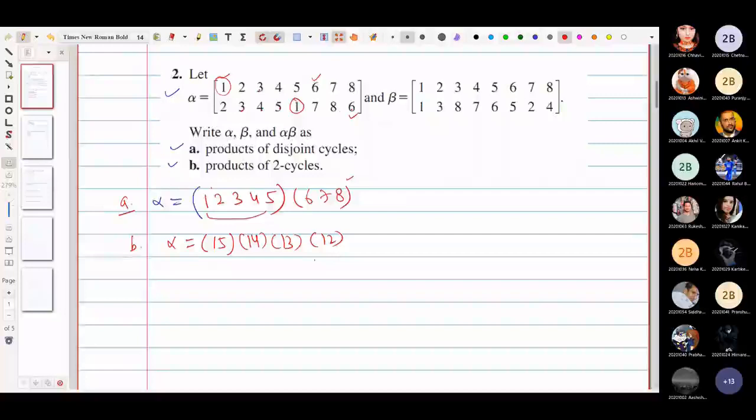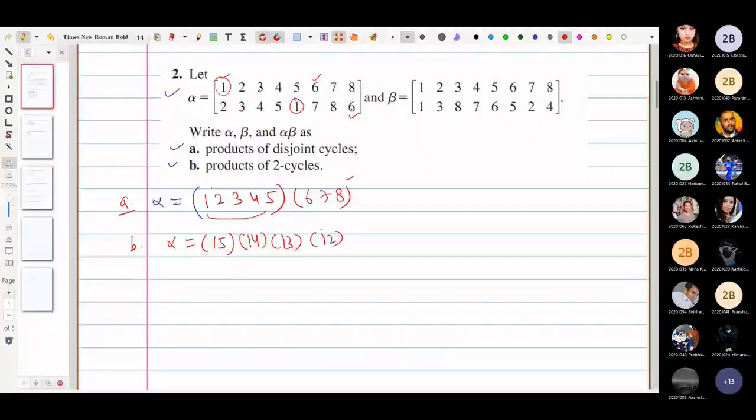There are so many ways, in fact infinitely many ways, to write it as a product. If the cycle is very lengthy, there may be many ways, not unique. And when I say infinite ways, it depends on the length of the cycle.